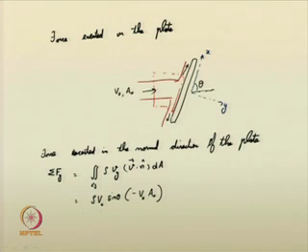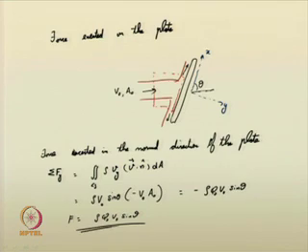So, this is equal to minus rho q 0 v 0 sin theta. You can suggest now that the magnitude of the force exerted on the plate is rho q 0 v 0 sin theta.